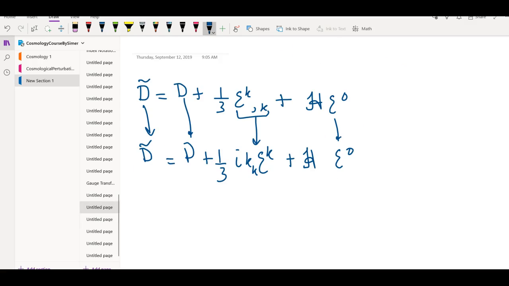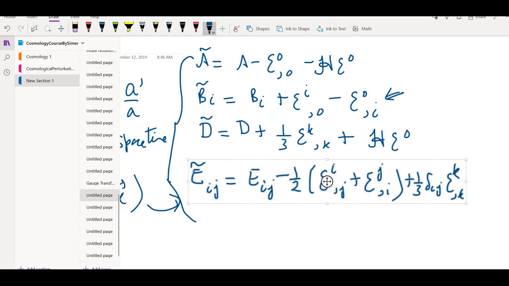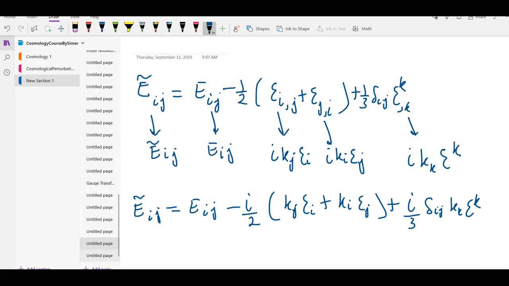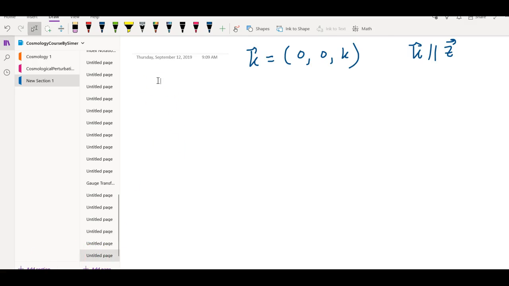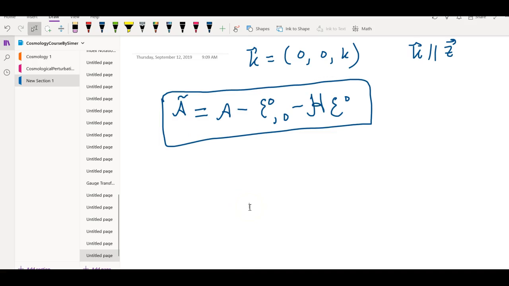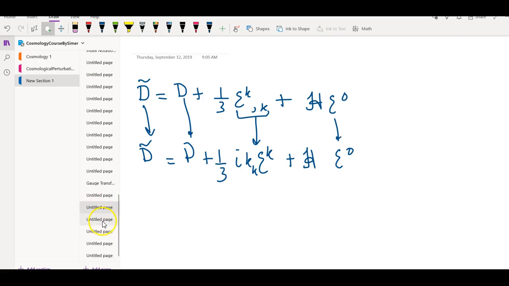A tilde will remain the same under this new value of k. This remains the same, and let's see how D transforms.